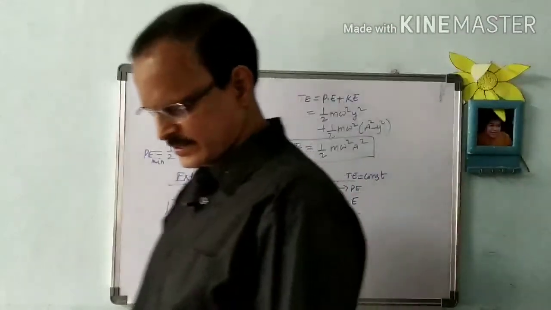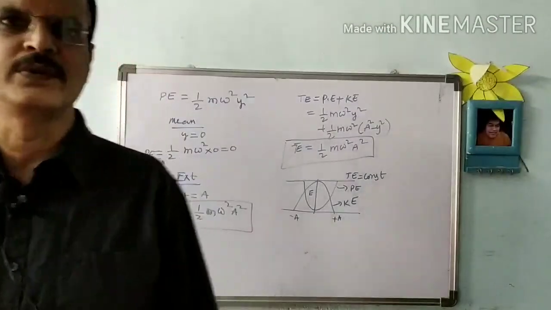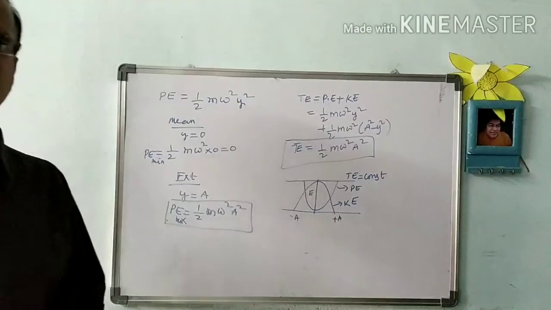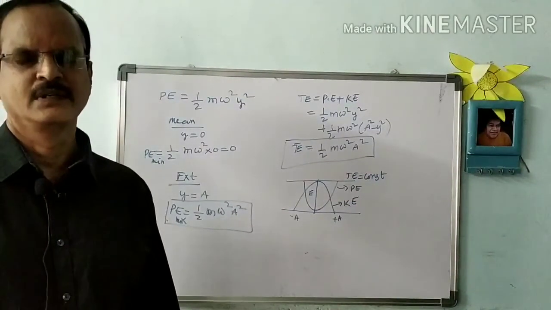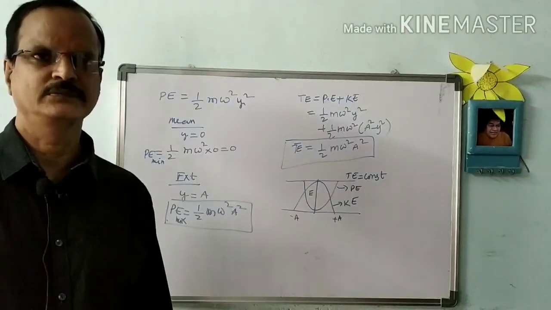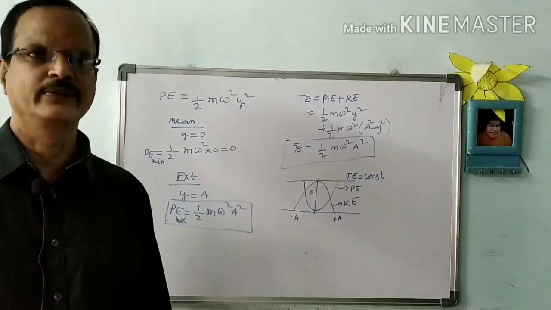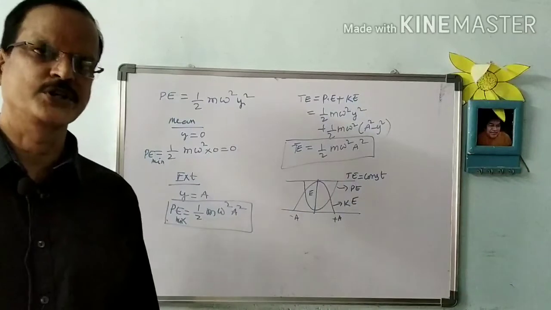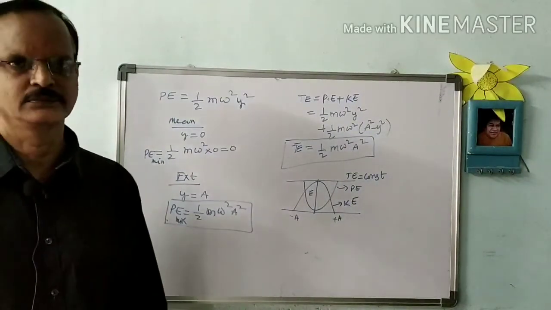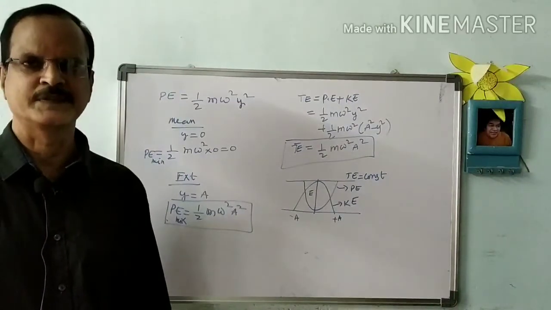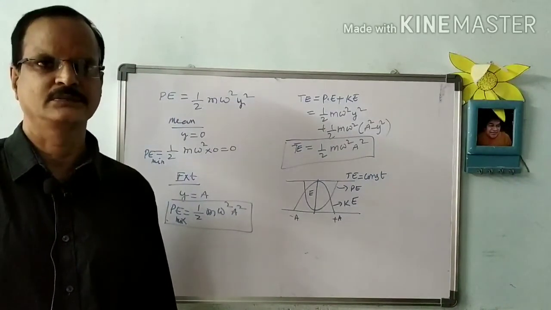So students, now you have an idea about the introduction to oscillations. That is periodic motion. Next one is oscillatory motion. Next is simple harmonic motion and conditions for simple harmonic motion.